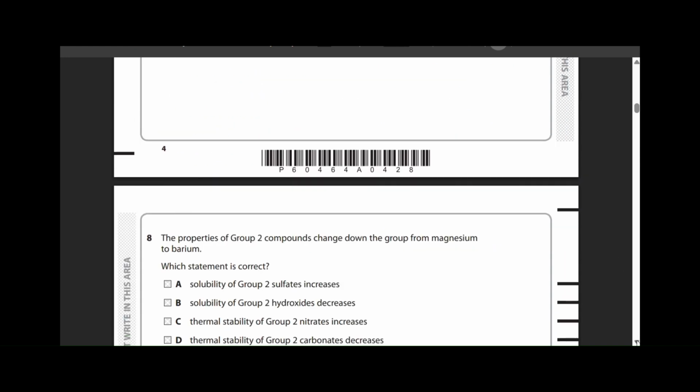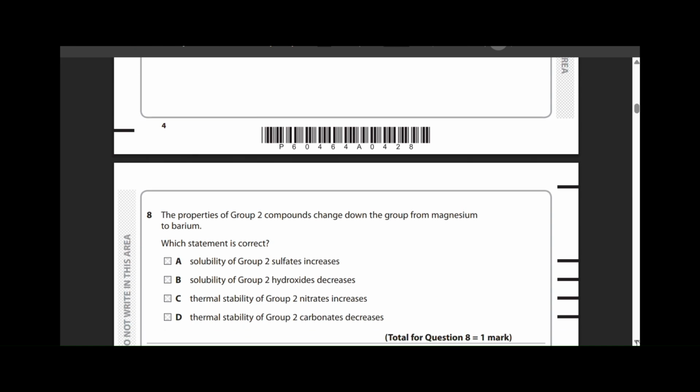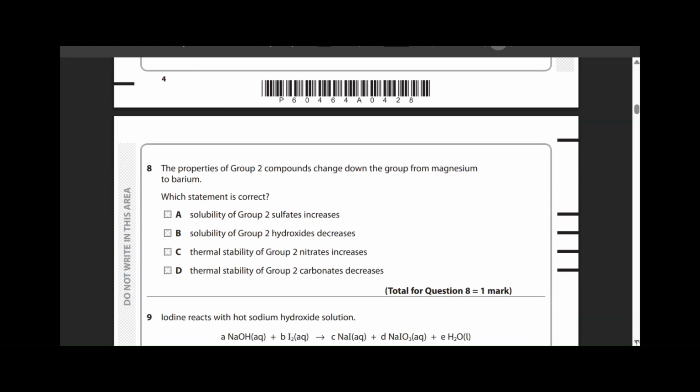Now question number 8. The properties of group 2 compounds change down the group from magnesium to barium. As you go down the group from magnesium to barium, the solubility of group 2 sulfates decreases, not increases. You know barium sulfate is less soluble, so this is the wrong option. The solubility of group 2 hydroxides increases basically, not decreases.